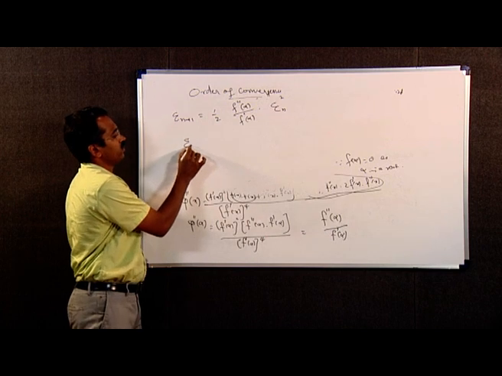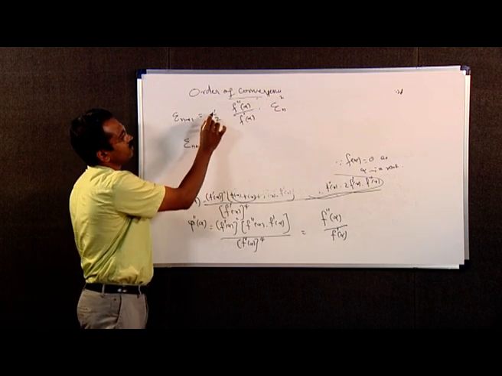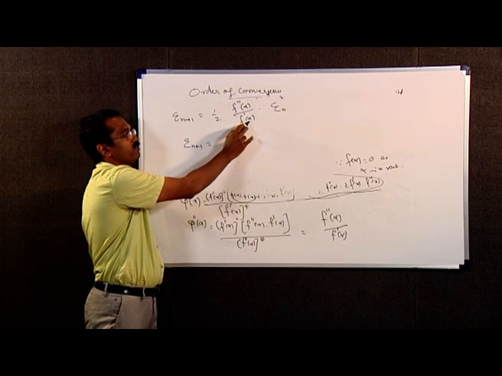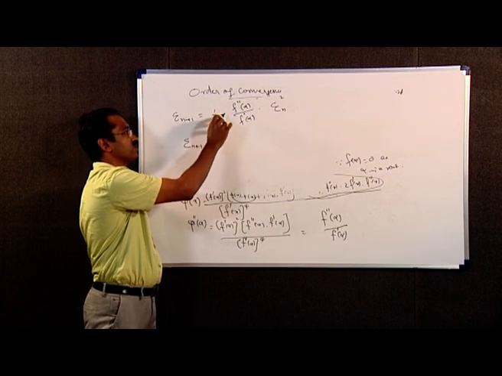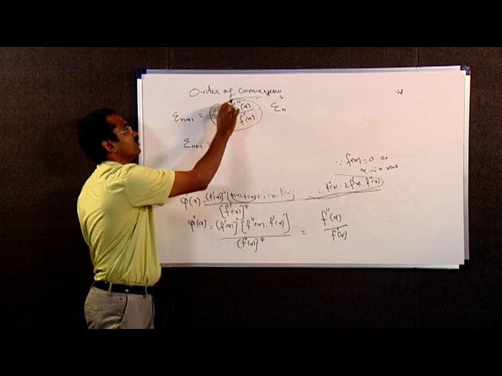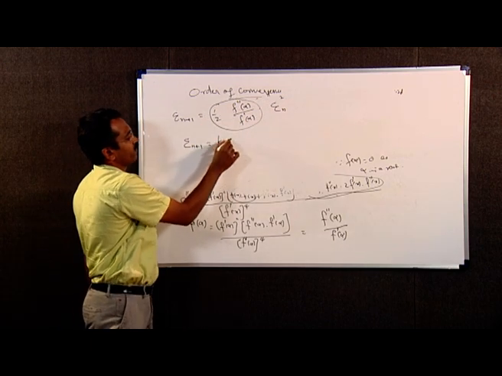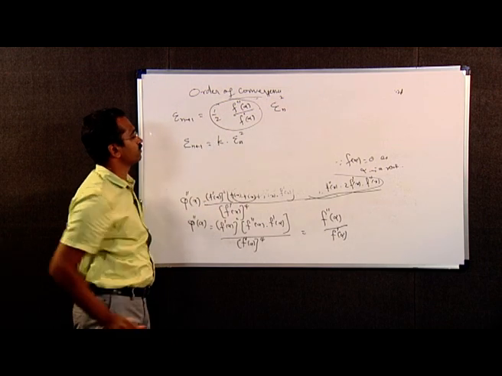That is, epsilon n plus 1 is equal to, since f double dash of alpha is a constant, f dash of alpha is a constant, and 1 by 2 is a constant, this quantity is a constant, let it be k, into epsilon n square.